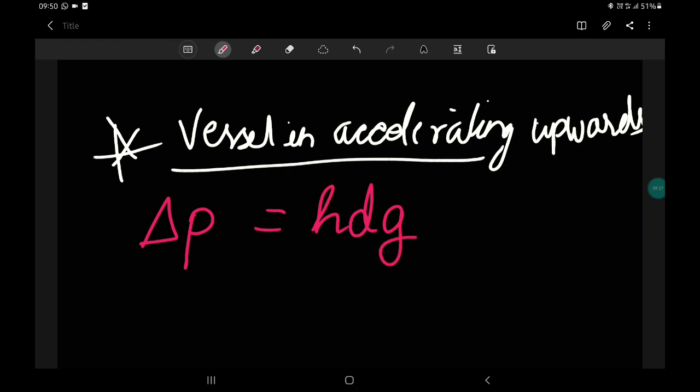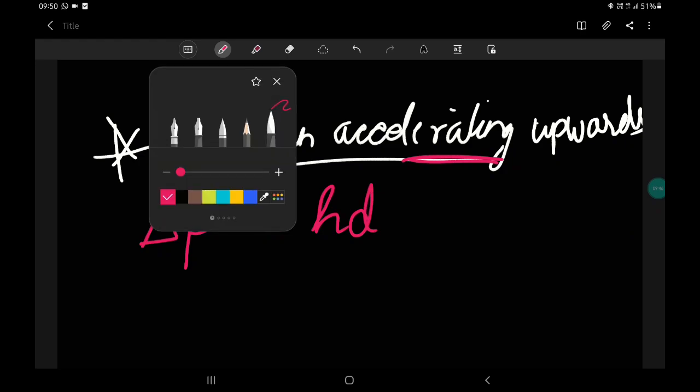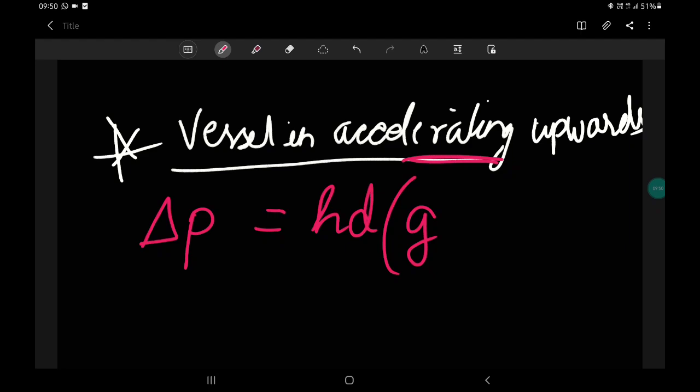But now as the vessel has some acceleration, with gravitational acceleration you should consider this particular acceleration also. As this acceleration is towards the upward direction, I am considering it to be added. So it is g plus a.